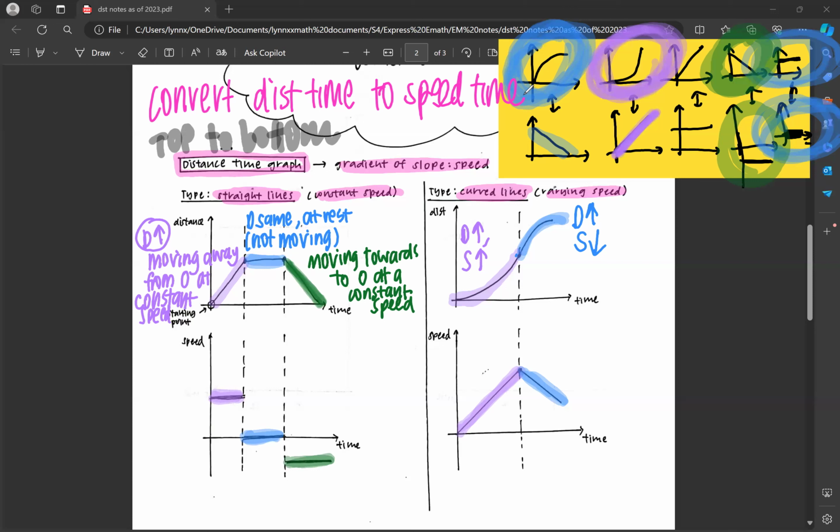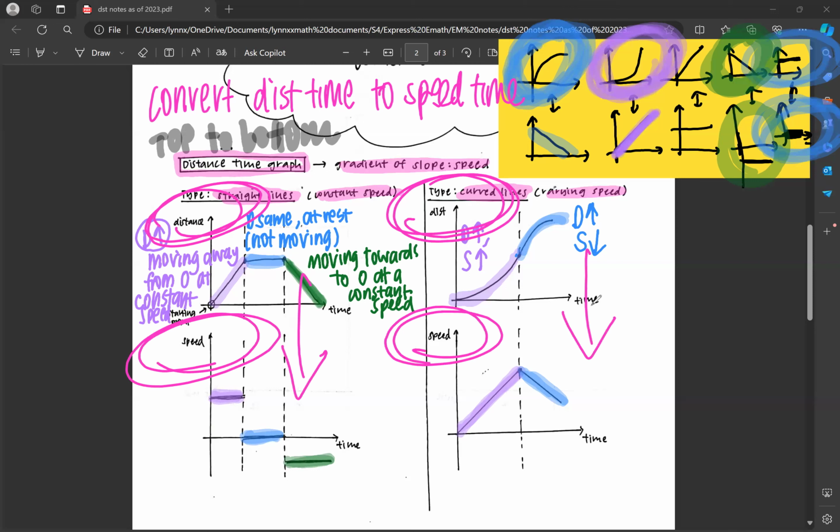Look on the screen. Distance time graph to speed time graph.